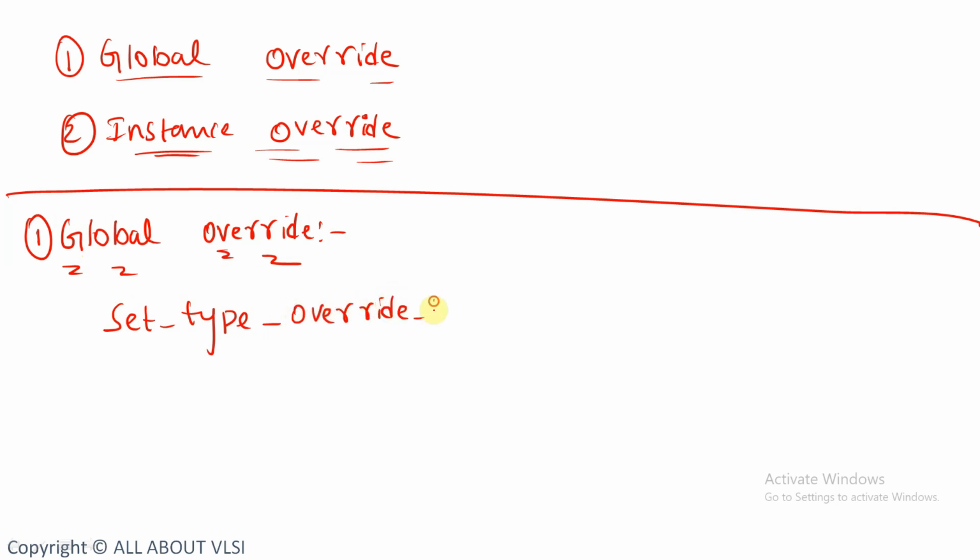Override by type, and here we are going to provide our UVM object wrapper, and here we are specifying the original type which we want to replace.